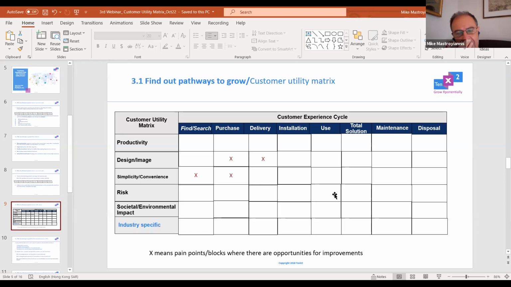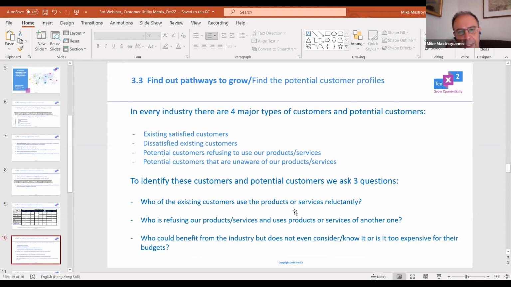And then, because there will be many pain points, we need to find some way to prioritize them. I go very fast, but I will check also. I see some questions. I will finish first this short theory, and then I will go to the questions.